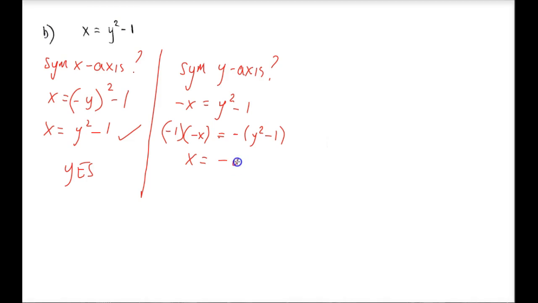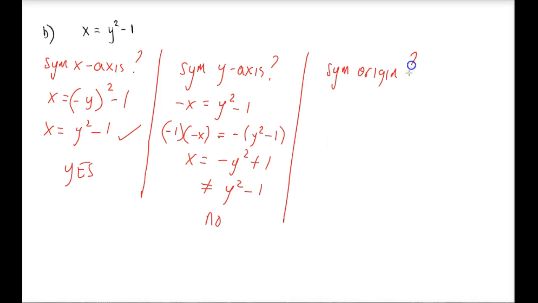So when we have that, we end up with this. And of course, that is not equal to y squared minus 1. So of course, symmetry about the y-axis is no. If we do symmetry about the origin now, then of course we're changing both the x and the y.